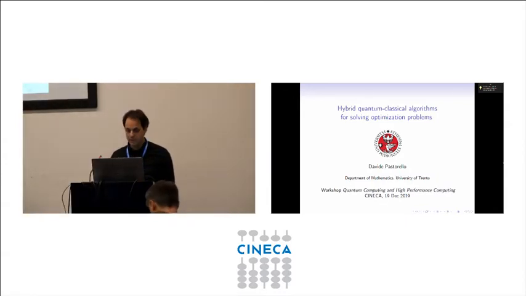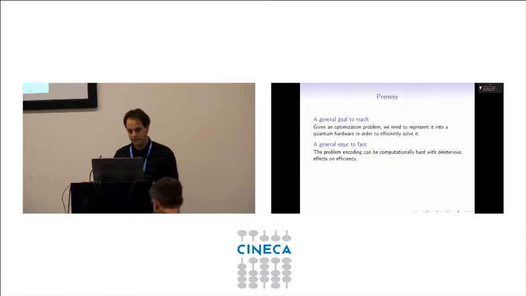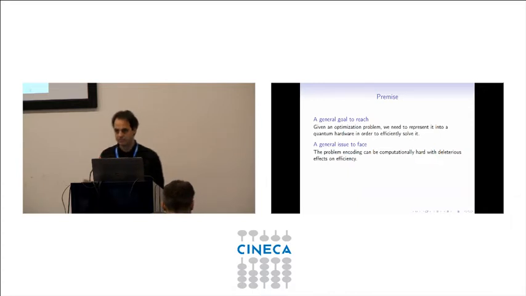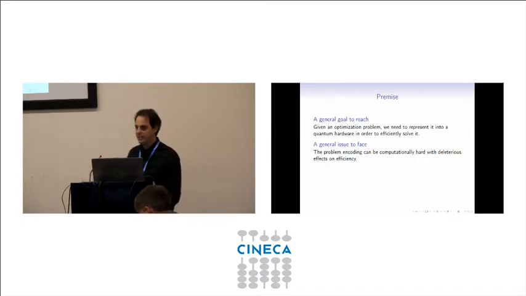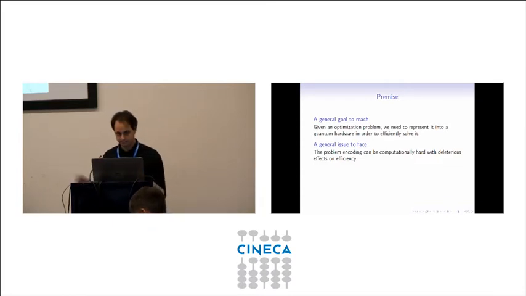So, let me start with a premise. If we have a given optimization problem and a quantum machine is available, and we want to use that quantum machine to solve our optimization problem, we need to represent the given problem in the quantum hardware. However, this representation, the encoding of a given problem into the quantum hardware, in general could be very expensive from the computational viewpoint.